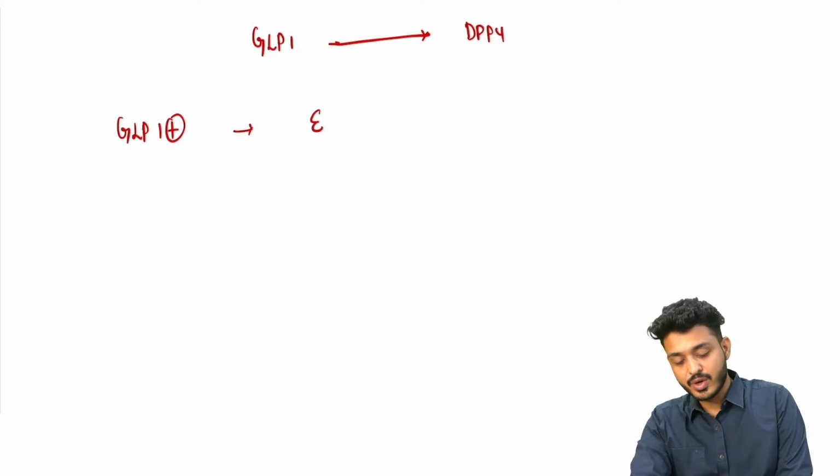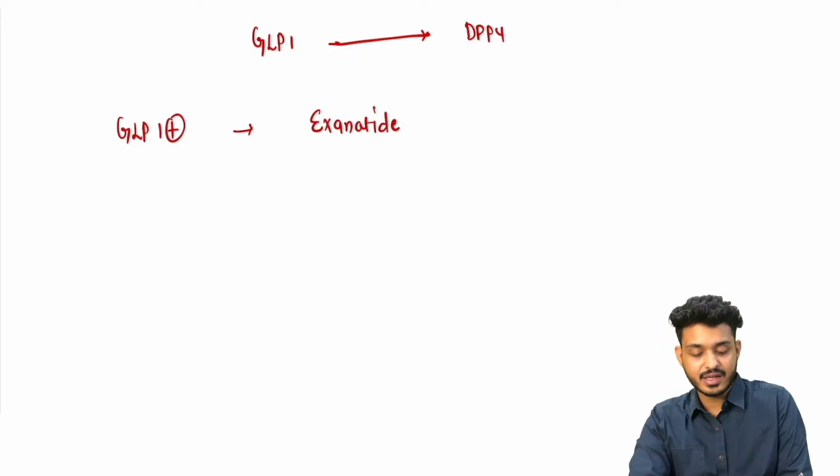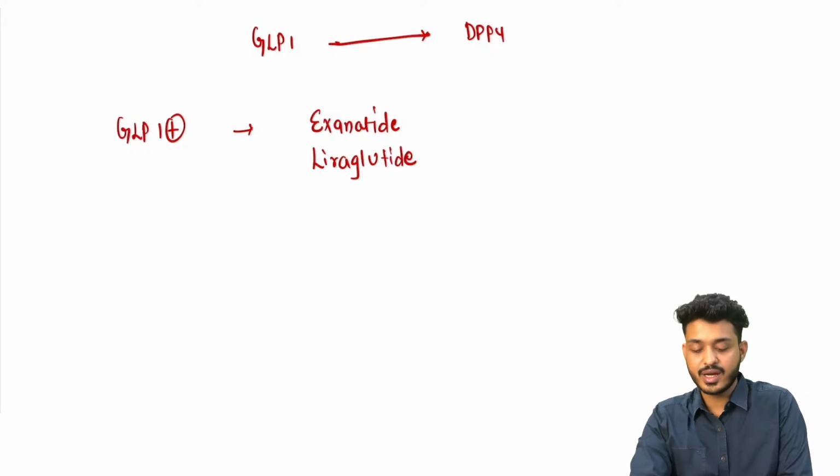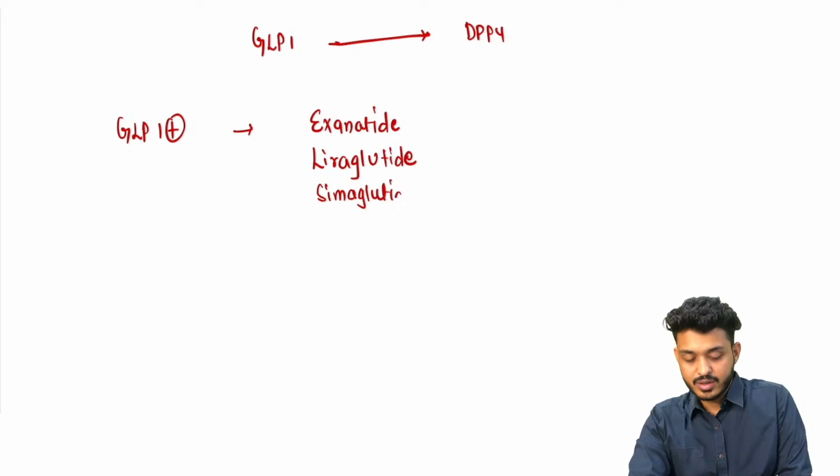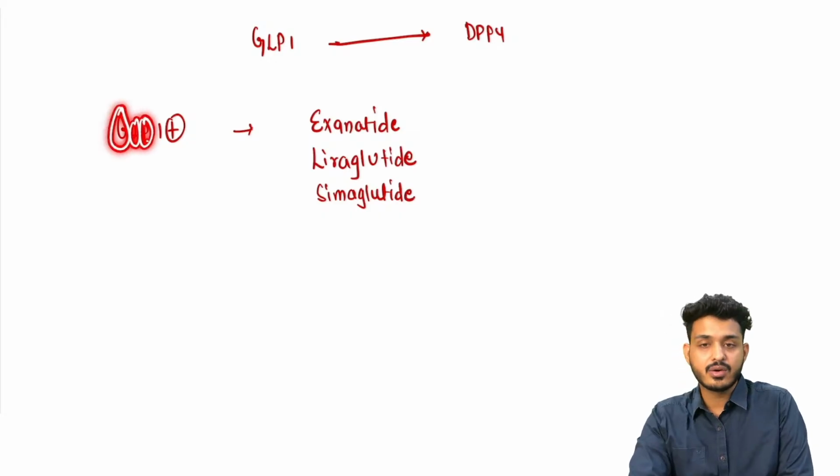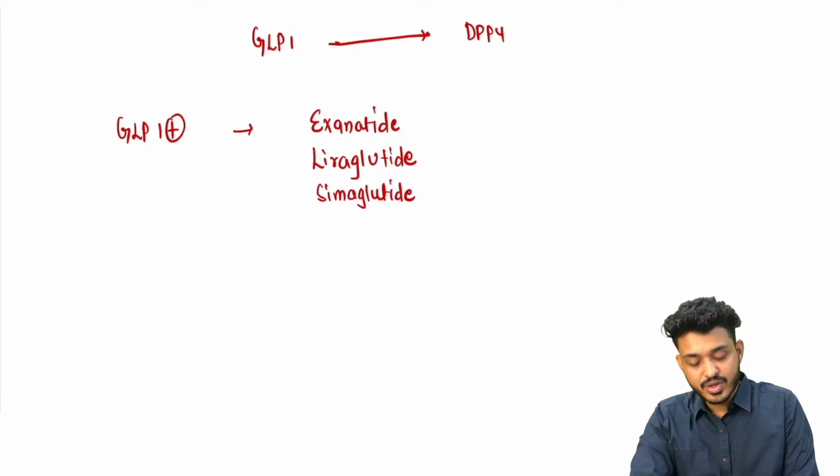We are having drugs like exenatide, liraglutide, semaglutide. You can simply remember this glutide group of drugs: liraglutide, semaglutide. All these glutides, you can simply remember as glucagon like peptide.